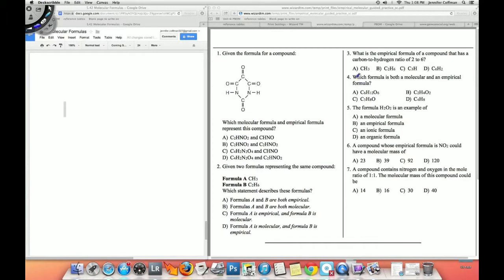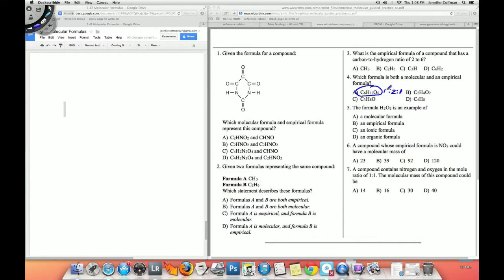Okay. Which formula is both molecular and empirical? Well, let's look at this one right here. This has a ratio of 6 to 12 to 6, which can be reduced to 1 to 2 to 1. Can't see my dots there. Okay? So this is molecular.